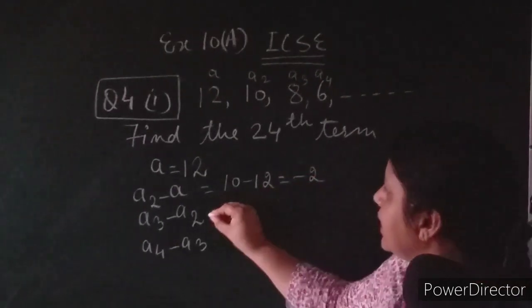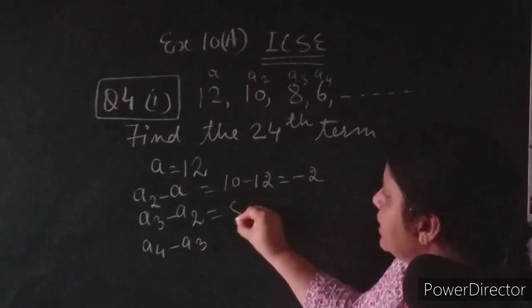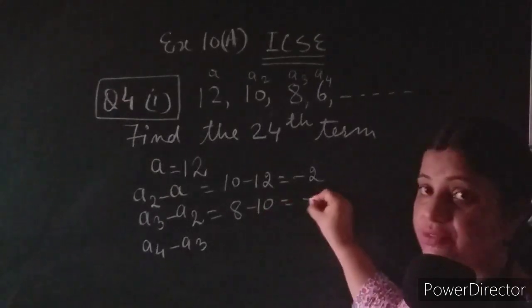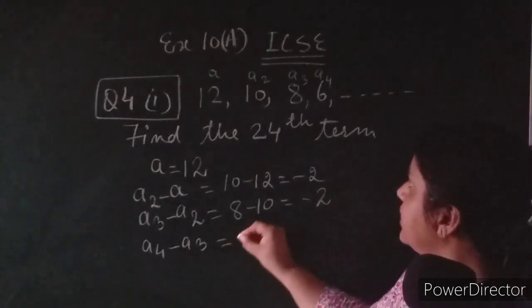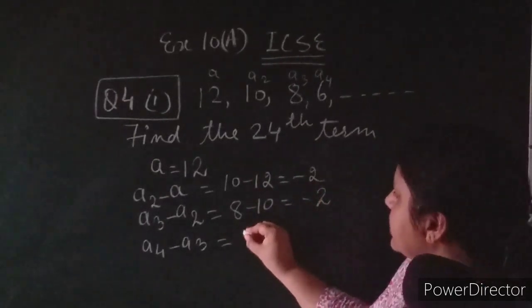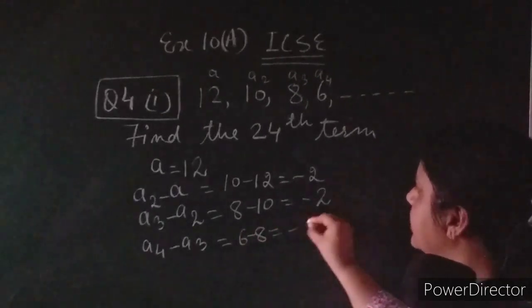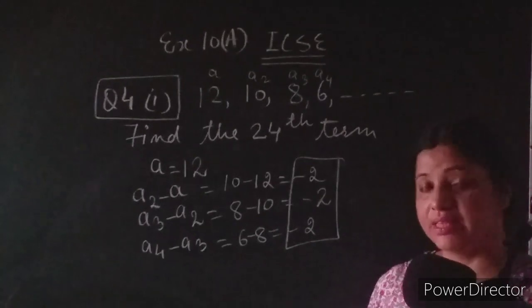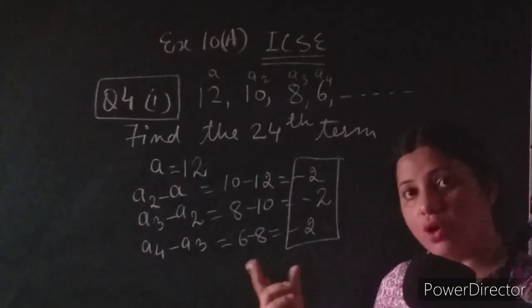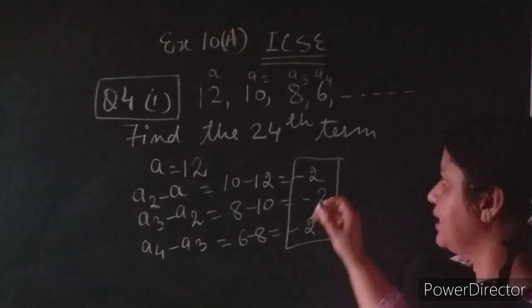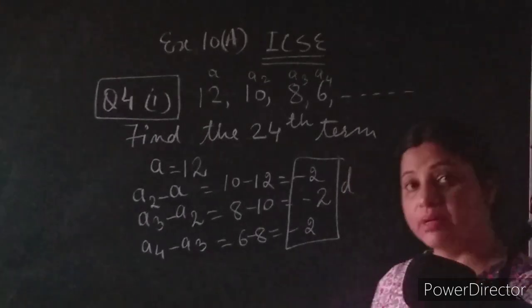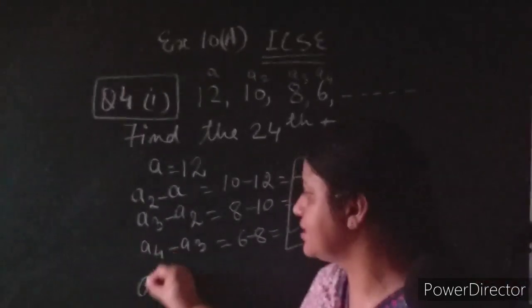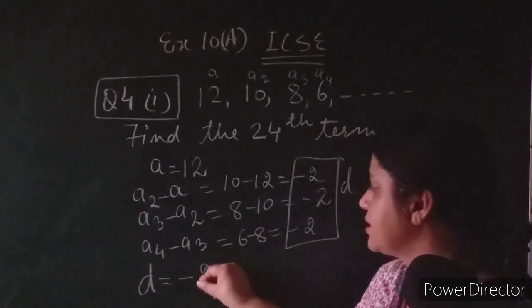Then A3 minus A2 will be 8 minus 10. This will be minus 2 again. Then A4 minus A3 will be 6 minus 8, that is minus 2, and we will say that the difference is common. They are following a common difference. So that is why it will be called an AP, and this will be known as D is equal to minus 2.